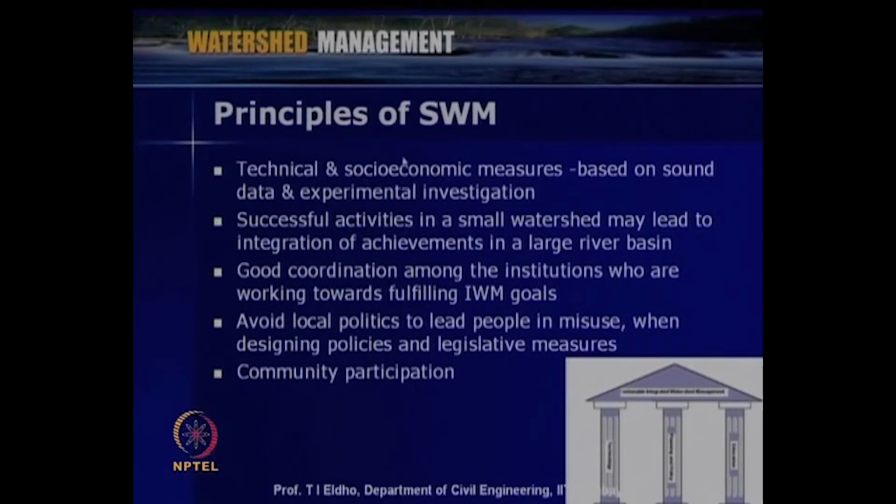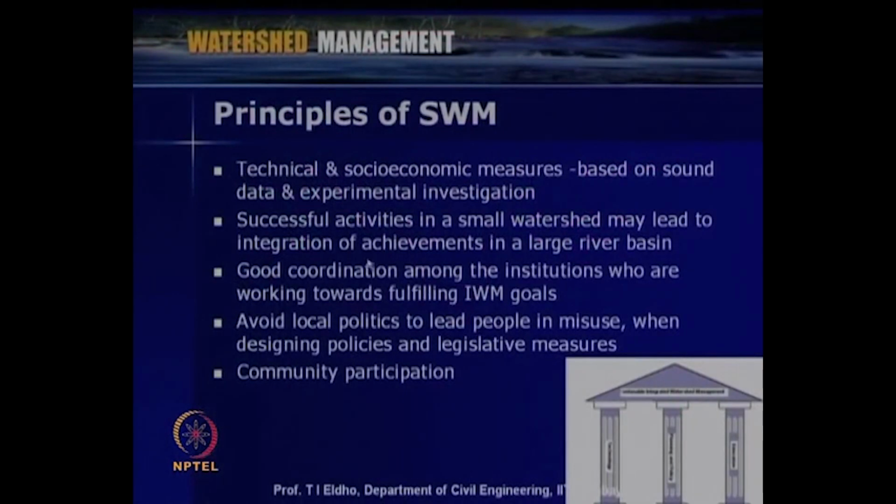When we discuss watershed management, what are the important principles of sustainable watershed management? Some of the important principles are listed here. The first principle is technical and socio-economic measures based on sound data and experimental investigation. Then, successful activities in a small watershed may lead to integration of achievements in a larger river basin.